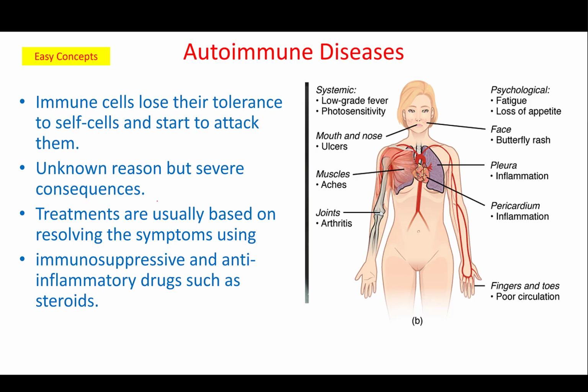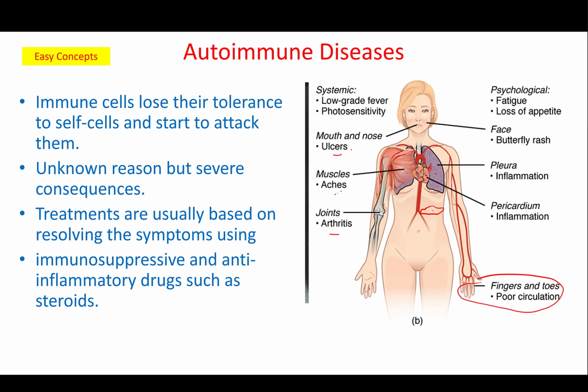So we'll have the joints, arthritis, we have the muscles, aches, we have ulcers in the mouth and the nose, ulcers in the digestive system, we have infections in the lungs, infections in the heart, and autoimmune diseases that target the fingers and toes, which are therefore always cold, and so on. The pancreas, diabetes mellitus, is now believed to be an autoimmune disease.